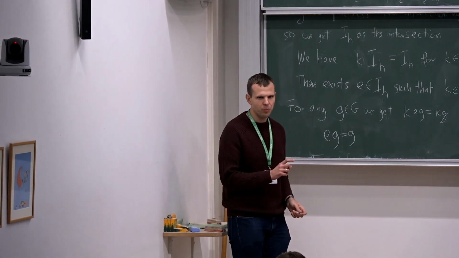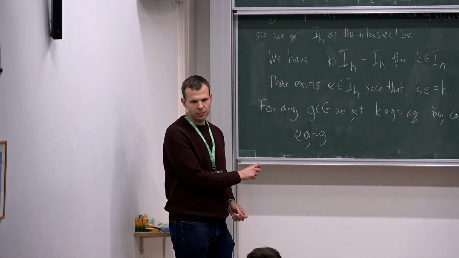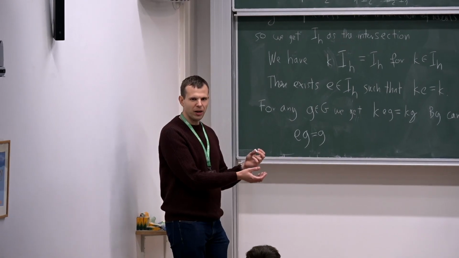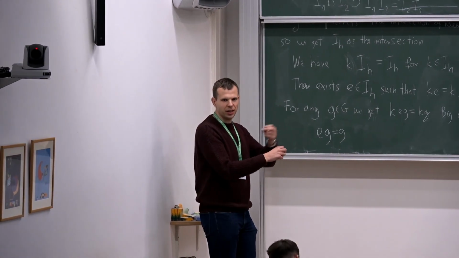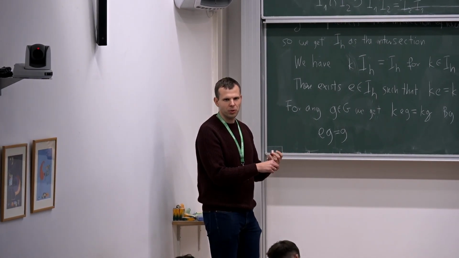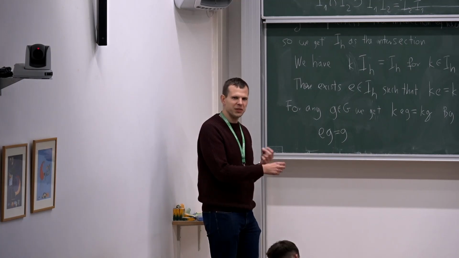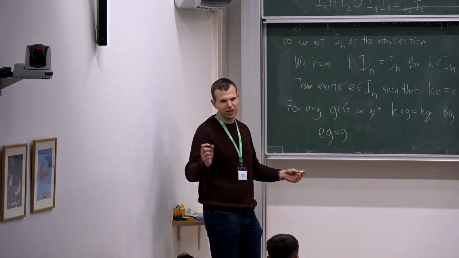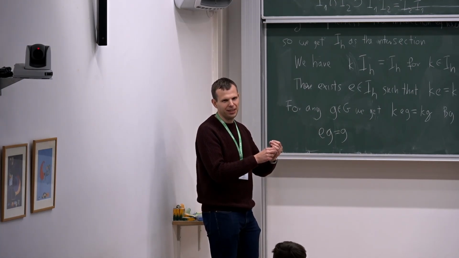So our semigroup admits a left unit. Using the same argument on the other side, and using the other cancellation law, we obtain a right unit, and if you have a semigroup that has a left unit and a right unit, they have to be the same, and they are a unit.